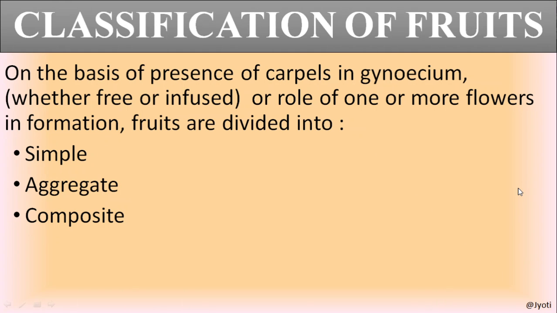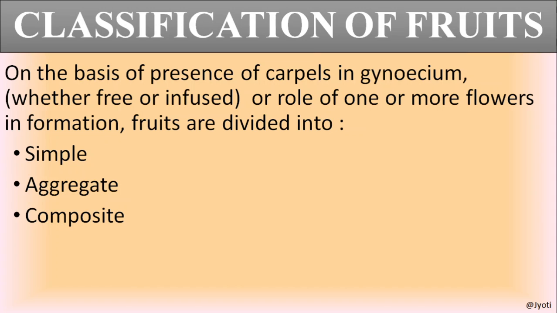The next, the classification of fruits. Fruits are of different types. When the fruit is developing from a monocarpellary gynoecium, that means one carpel is present and the ovary is single chambered, then that is known as simple fruit.